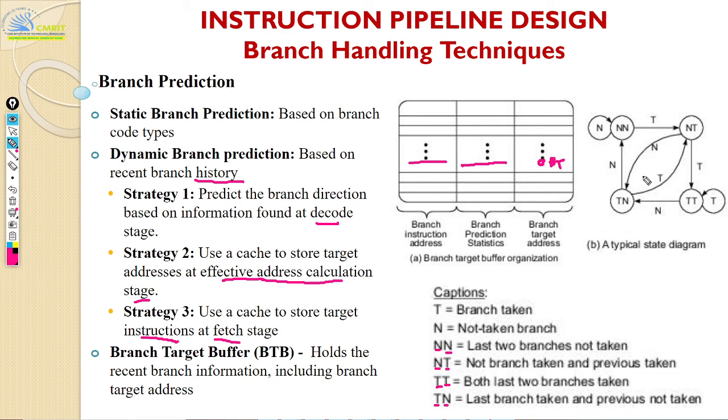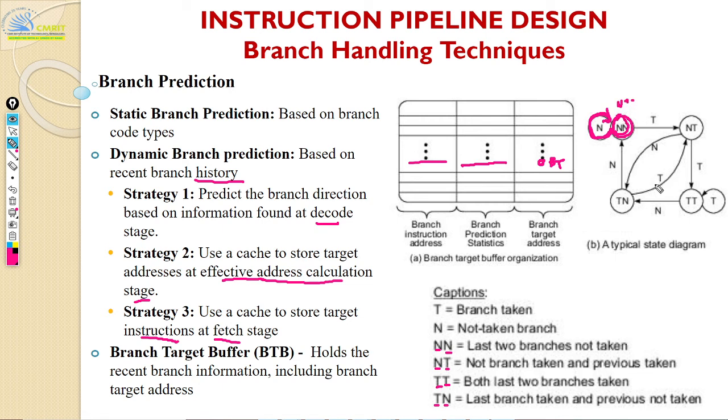If I am currently in a not taken state, then most likely I'm going to stay here. This is me predicting whether the branch will be taken or not. If the last two states are not taken and the current one is also not taken, then I will stay in this not taken state.